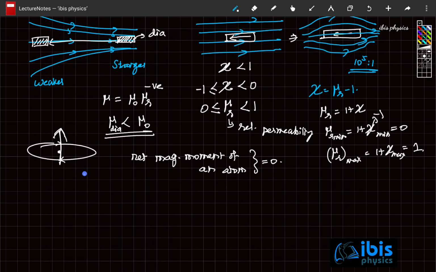So if there is an upspin for the electron, the magnetic moment is upward, and for the downspin the magnetic moment will be in the downward direction.